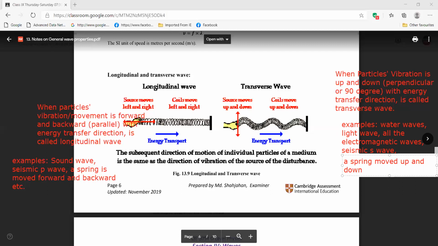Things that move up and down, where the energy transfer is to the right side.